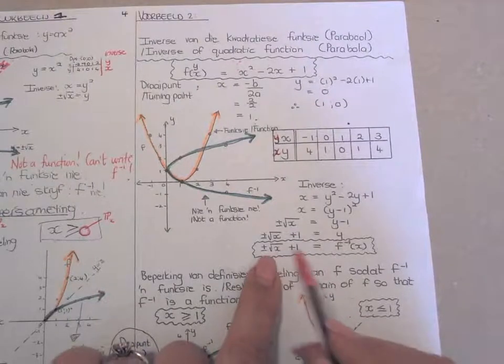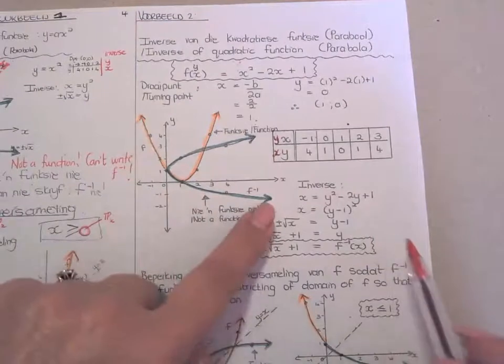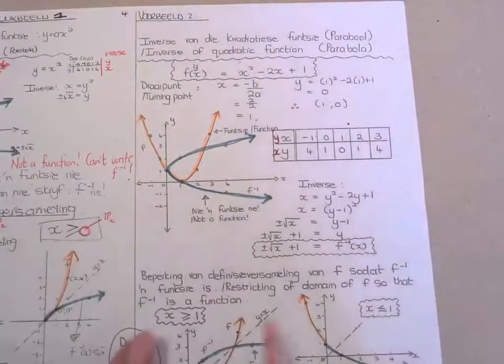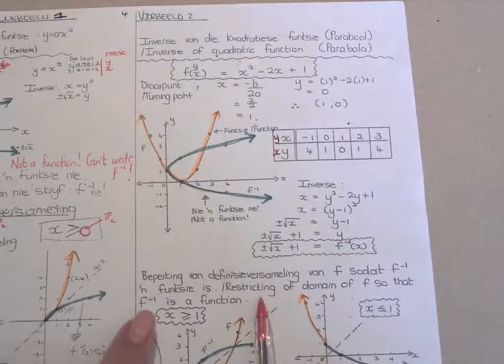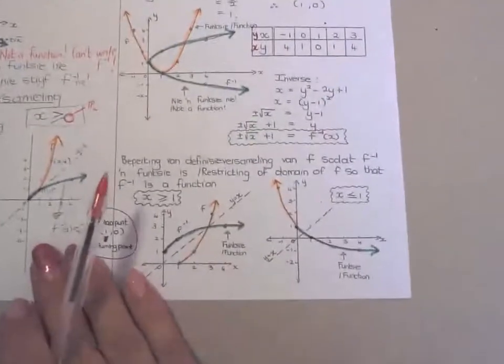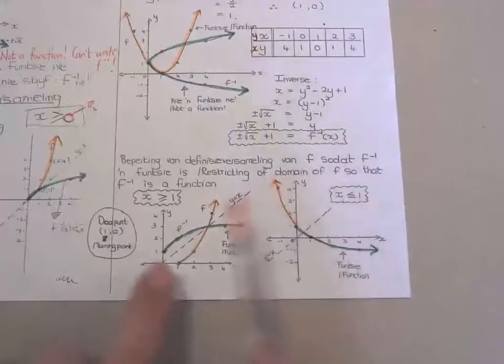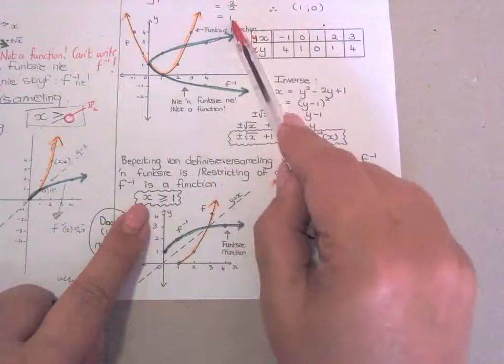But we know that the parabola's inverse is not a function. So we have to restrict the domain so that the inverse is a function. The turning point was important, the x value.